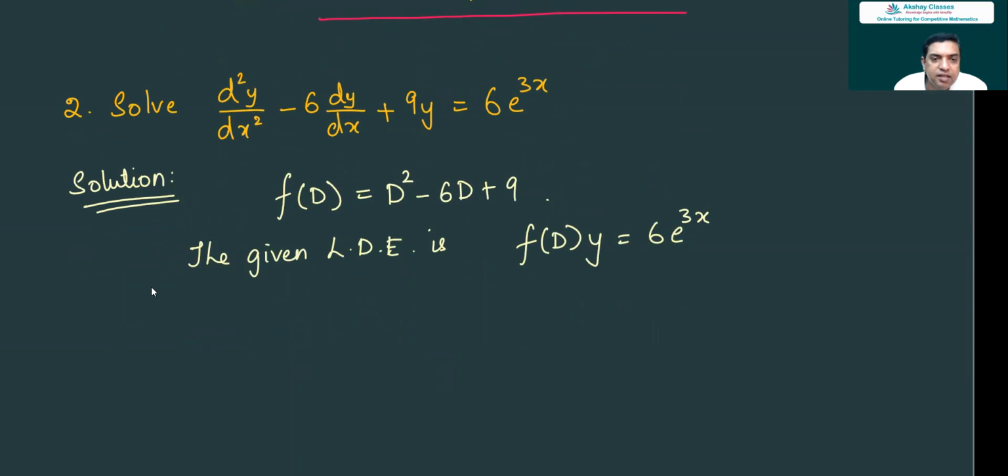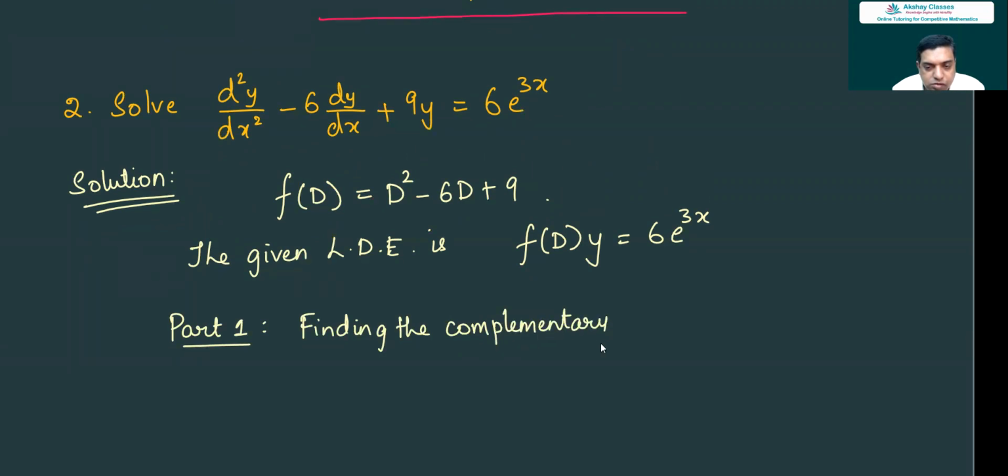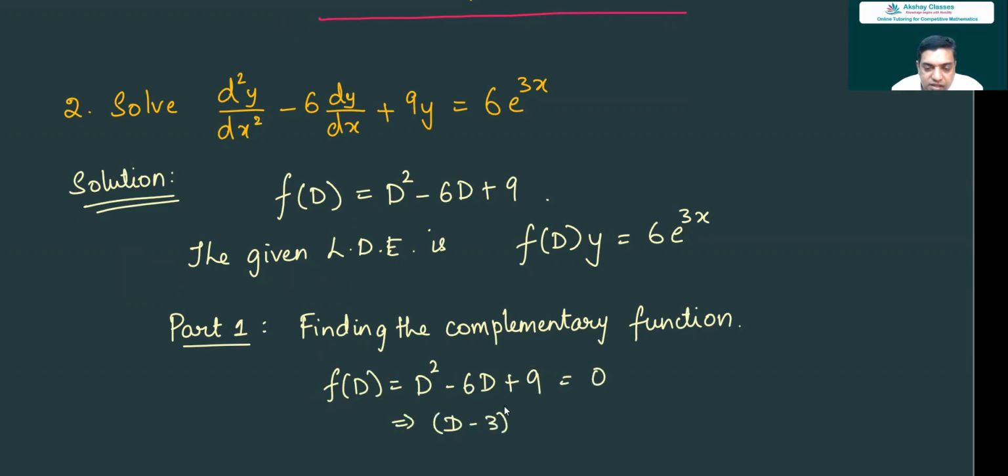Okay, so let us find the complementary function. f(D) = 0 gives us (D - 3)² = 0.